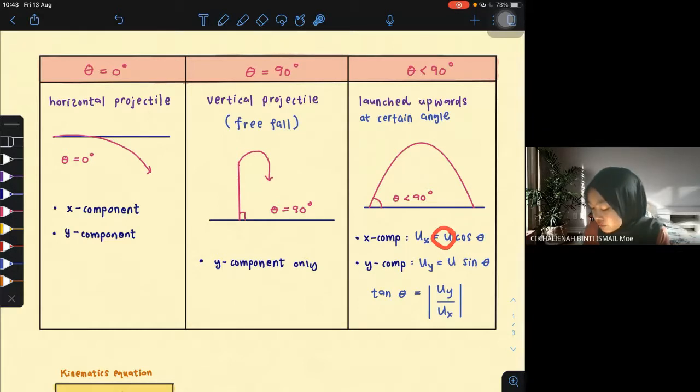And if we want to find the angle, let's say we are not given the angle, it is also the same as resolving vector: Uy divided by Ux. So it is important for you to know the category, because when you get a question, you must identify which category it is: horizontal, vertical, or just projectile at a certain angle.